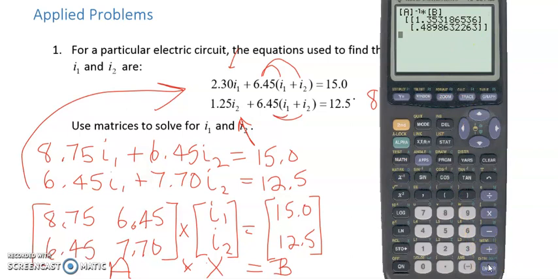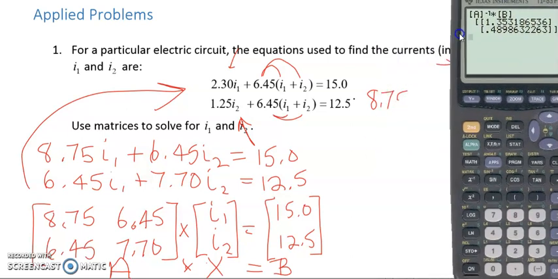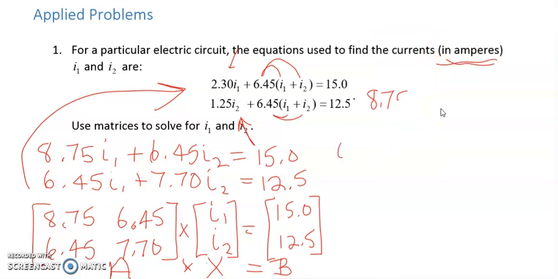Now just hit enter, and you get some pretty nasty looking decimals there. It might be possible to convert them into fractions, but it's not really necessary because this is the answer to a real world problem. So when you write down your 2 solutions now, you would have something like I1 is equal to approximately 1.35, and use the unit as well.